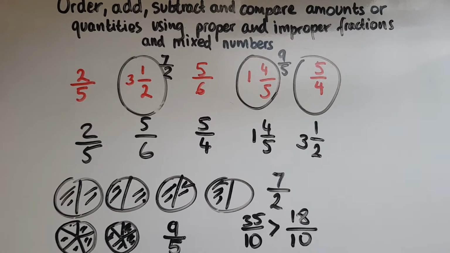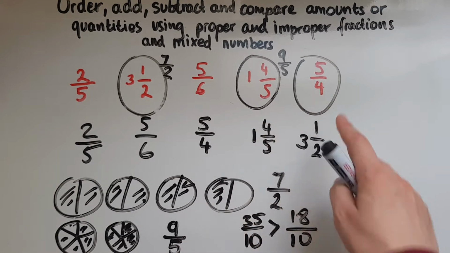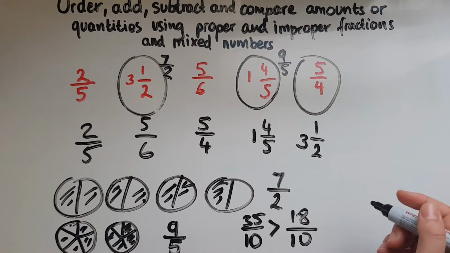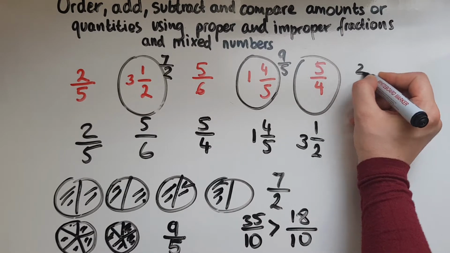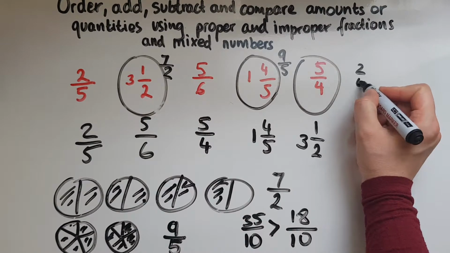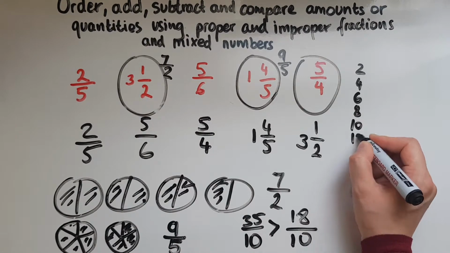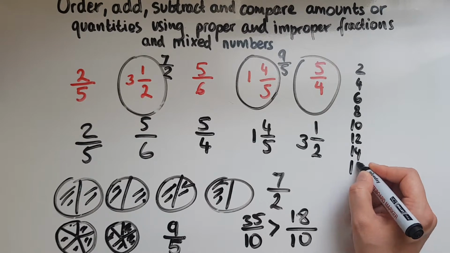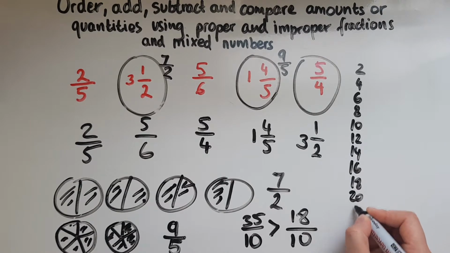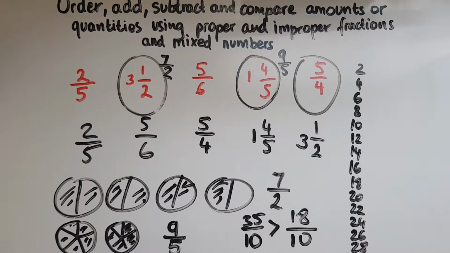So you could either continue listing the multiples of 5 and 2 and 4, and I'll show what that means. So if I go 2, because that's the denominator, then 4, 6, 8, 10, 12, 14, 16, 18, 20, 22, 24, 26, 28, 30, and so on, or you could stop at any point.